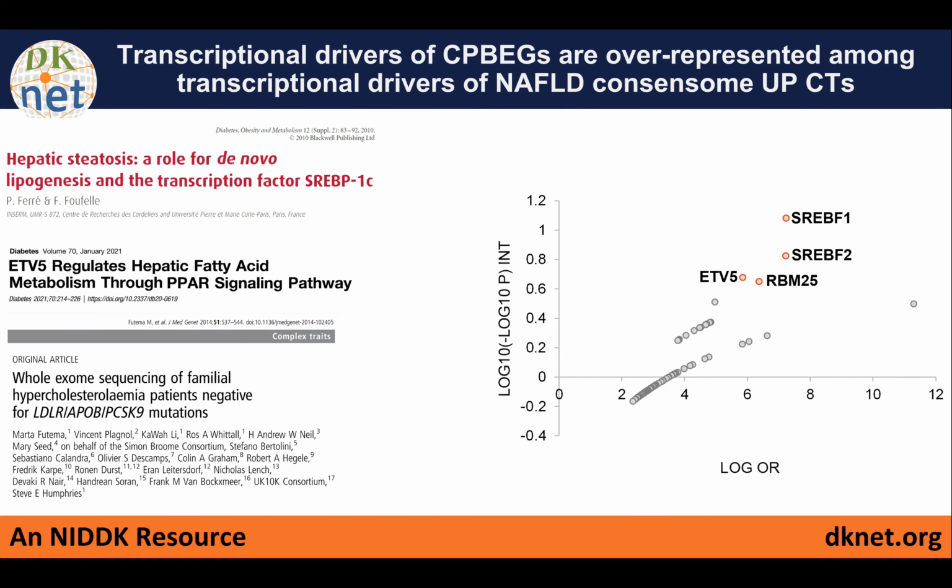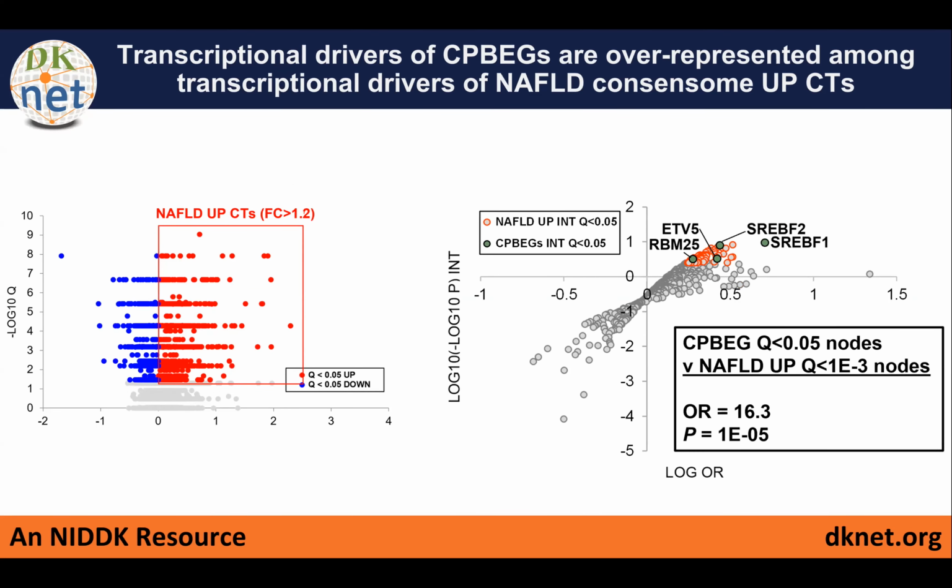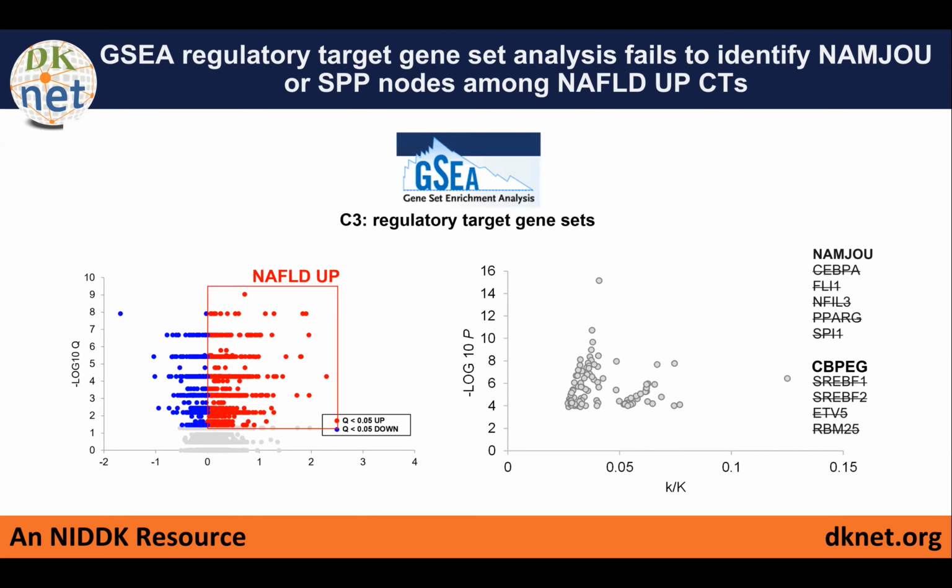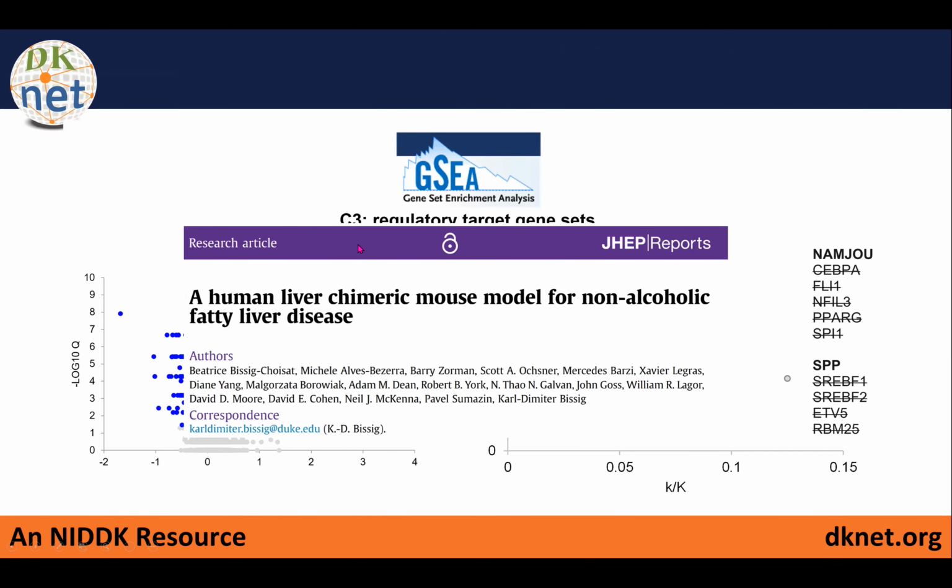And so this was a really nice endorsement, number 1 of the mice model, but also number 2 of the ability of SPP analysis to identify nodes and targets which are actually relevant to NAFLD. Okay, so I'll just skip through these next set of slides here.